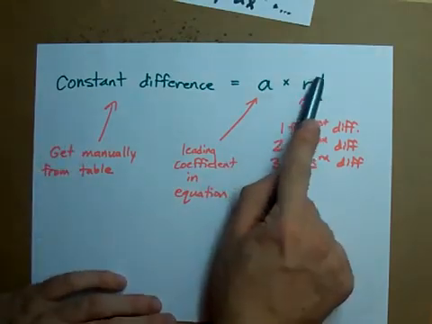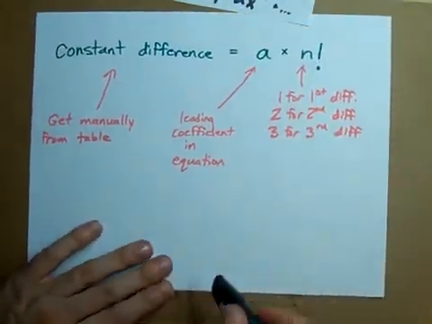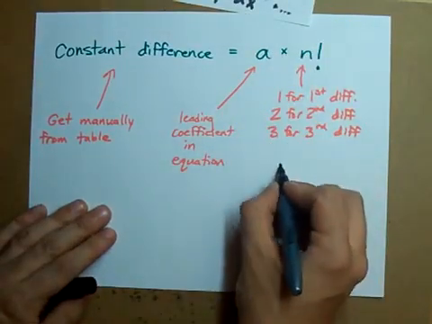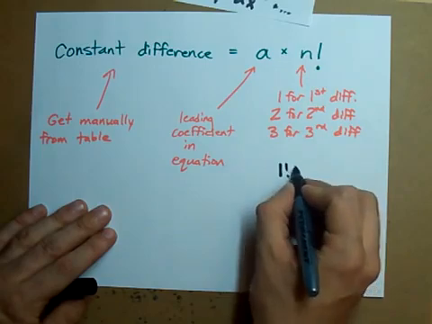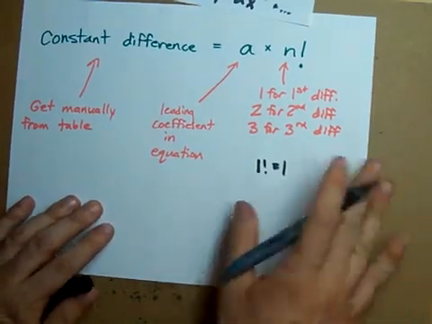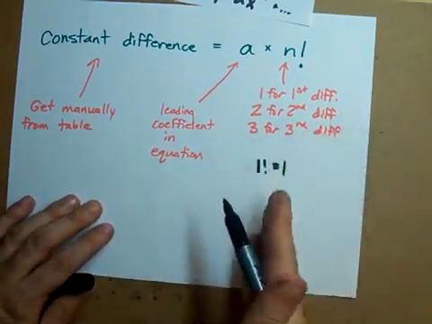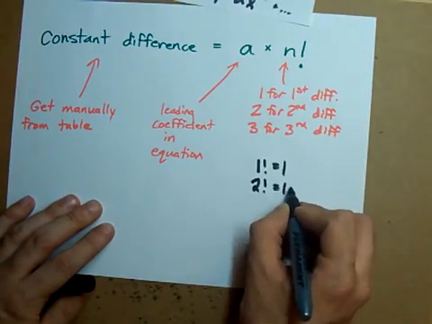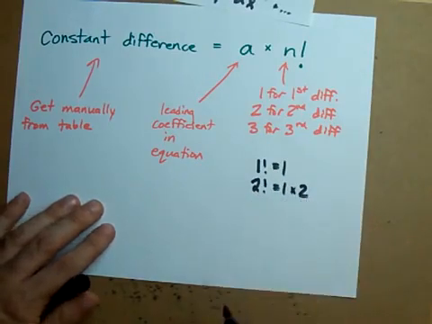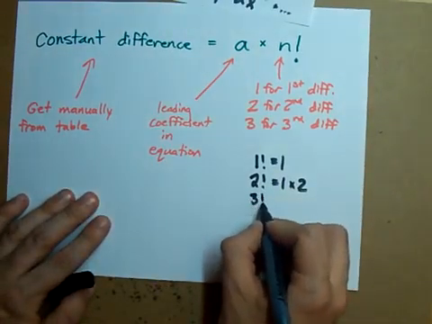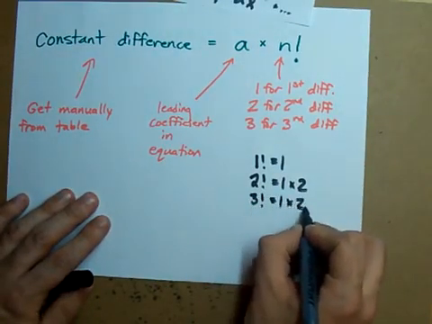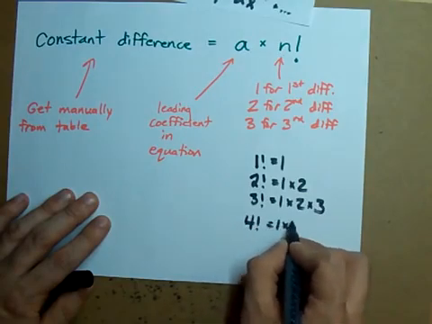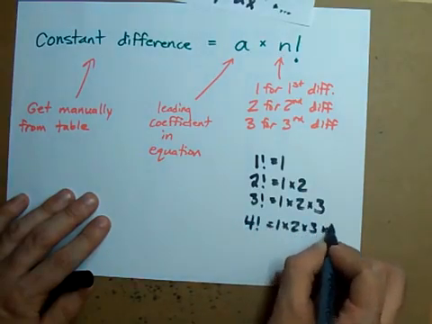Now, what this exclamation mark or factorial means is that if n is 1, 1 factorial is 1. Take that to mean what it says, okay? 2 factorial means you take 1 and you multiply it by 2. 3 factorial is 1 times 2 times 3. 4 factorial is 1 times 2 times 3 times 4.